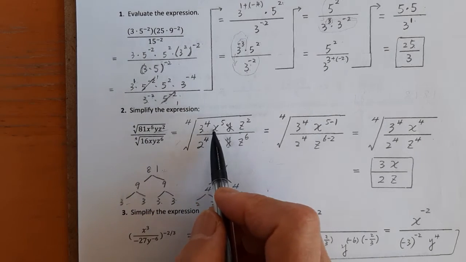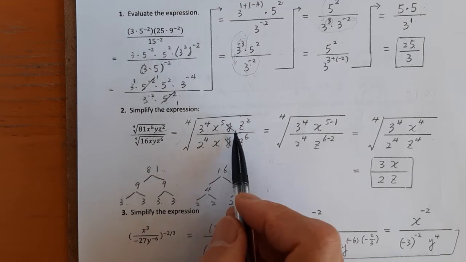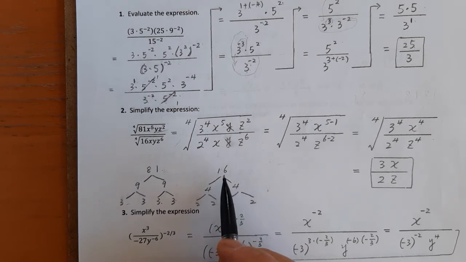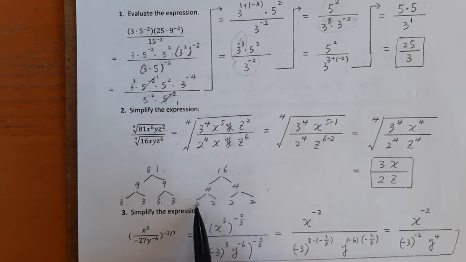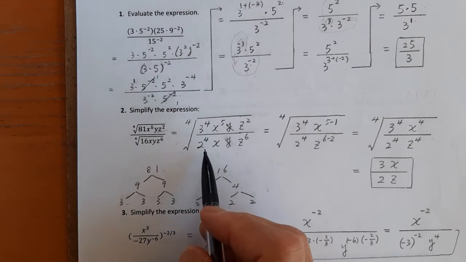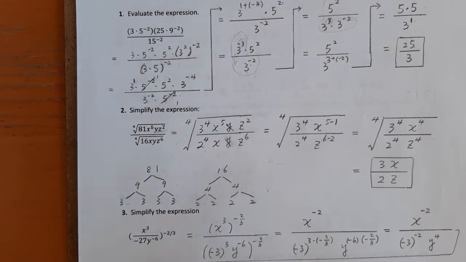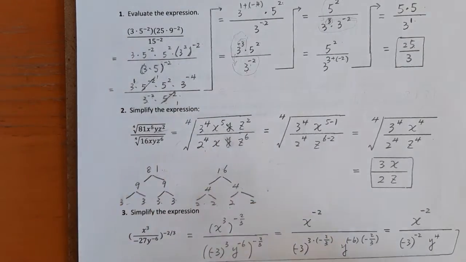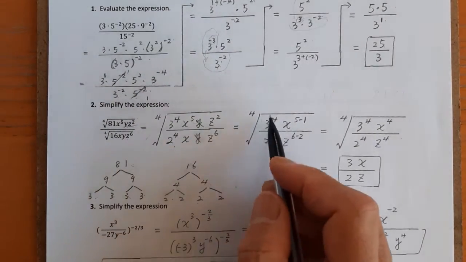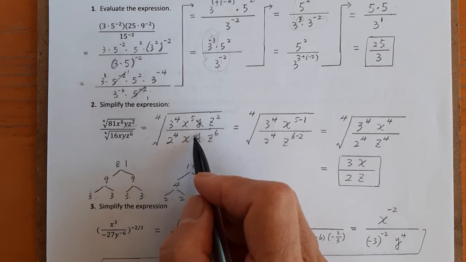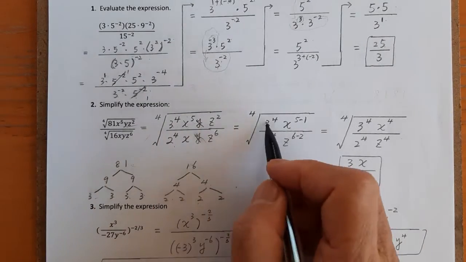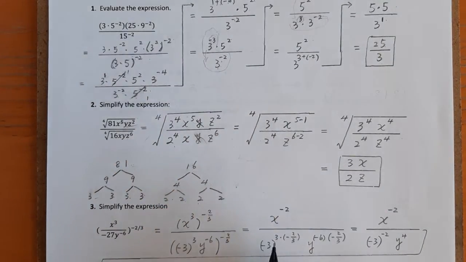Then x to the power 5, and y and z squared. The denominator is 16, which is 4 times 4, and 4 is 2 times 2, so 16 is 2 to the power 4. Then x and y and z to the 6. The y cancels. 3 to the power 4 and 2 to the power 4 are copied down.